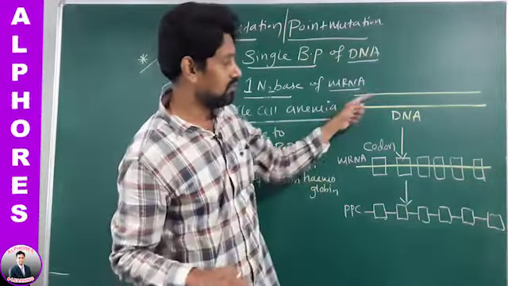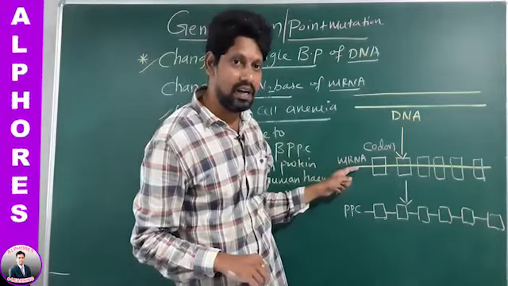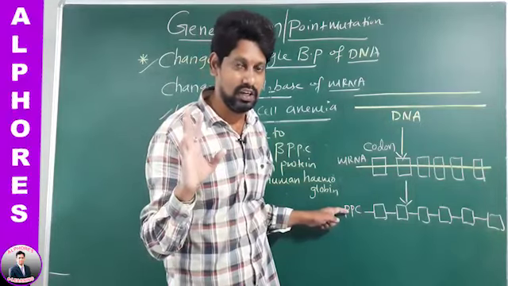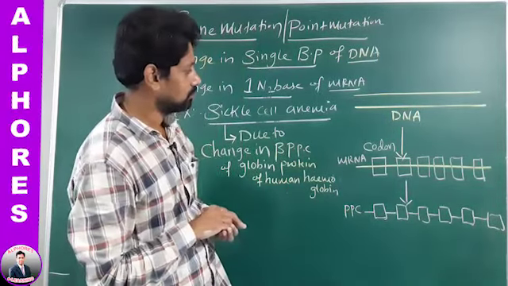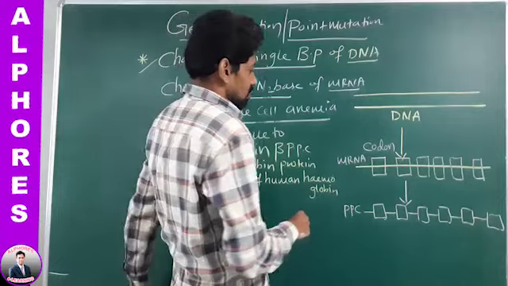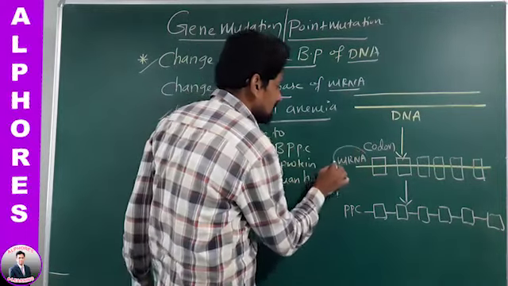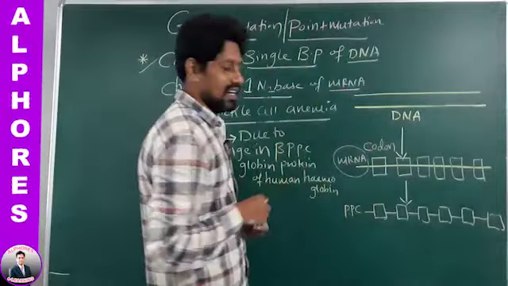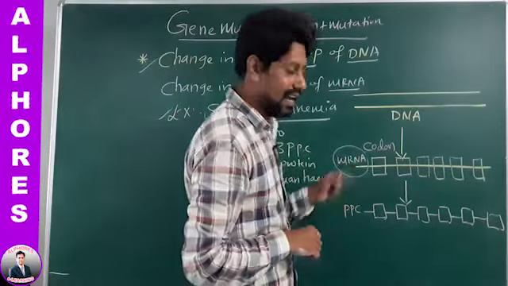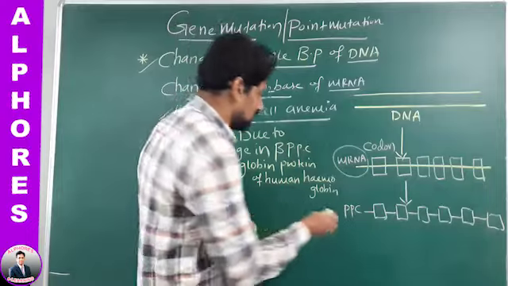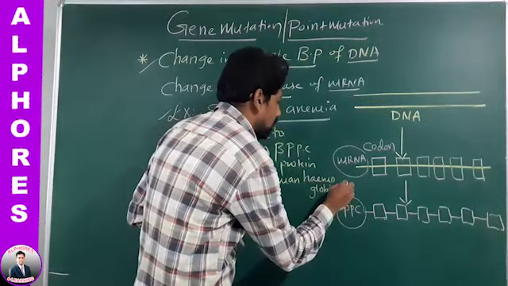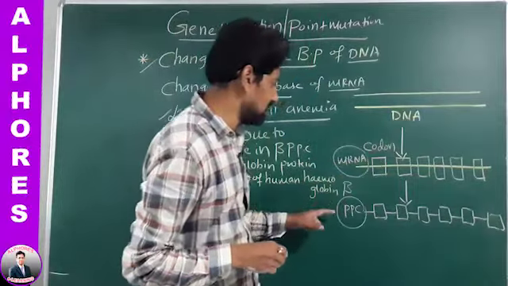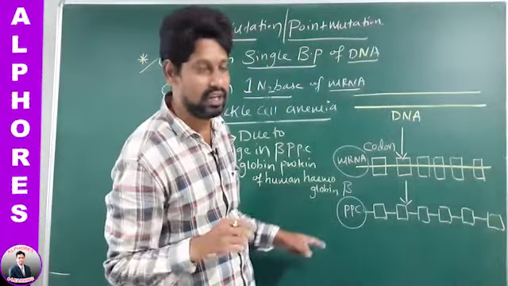Therefore, from DNA we got mRNA, and from this mRNA we got a polypeptide chain. Now listen to the statements. For example, this is the mRNA which synthesizes the beta polypeptide chain.